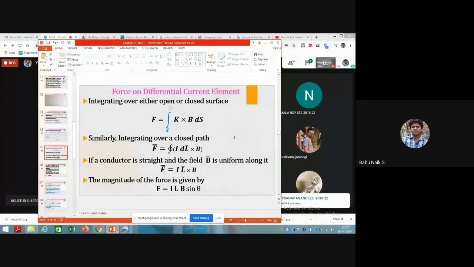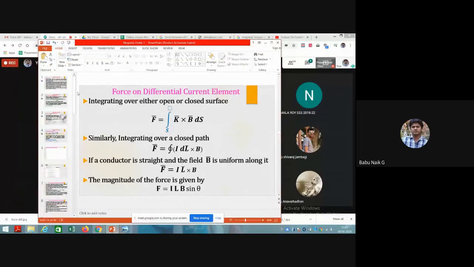In a magnetostatic field, the force is on a charge moving with a velocity v, and that is v cross B bar. The magnetic field is created once the charge moves with some velocity.